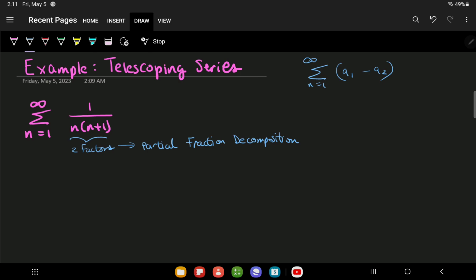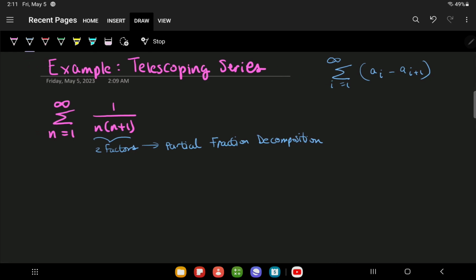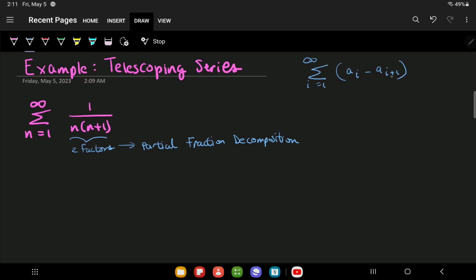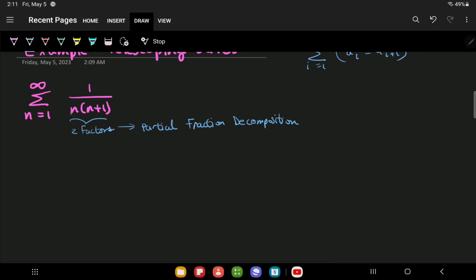If you can write this in a form where you're subtracting things over and over again, and let me redo the notation, instead of a1 and a2, if we have a_i minus a_(i+1), where the next term is always smaller, then we can do a telescoping series. So sometimes you might just see two things being subtracted together, but that's not always the case.